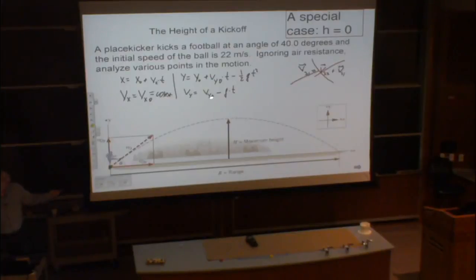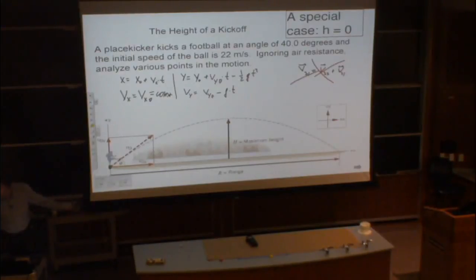So in these equations, this variable v sub y naught, here and here, represents the y component of initial velocity. We could have said it represents the initial value of the y component of velocity, but that would require more words. It would be exactly the same thing.